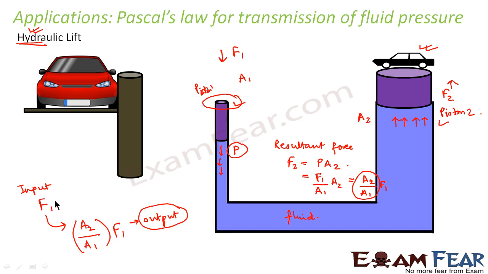We applied an input F1, but we got an output which was A2 by A1 times F1. That means our input was magnified. That happened only because of Pascal's law, because we were able to apply Pascal's law in a correct way. We applied a smaller force and we got an output of a larger force.